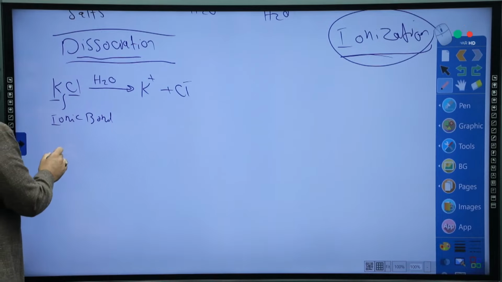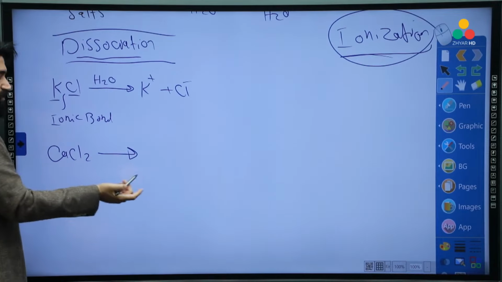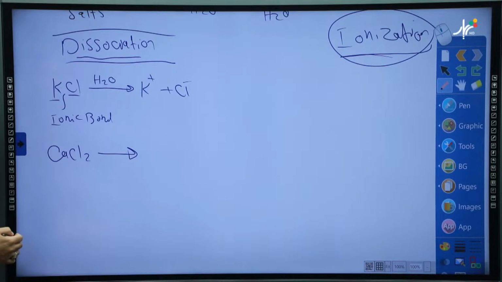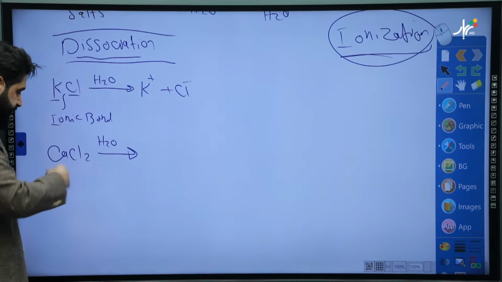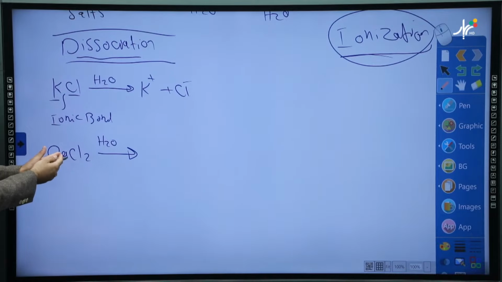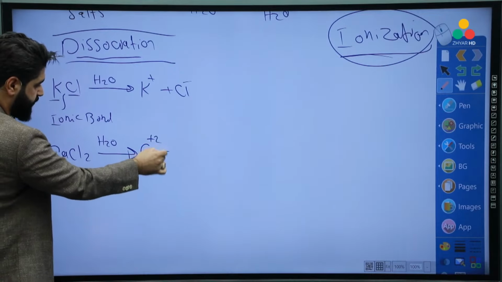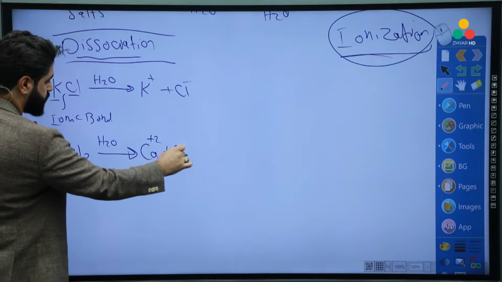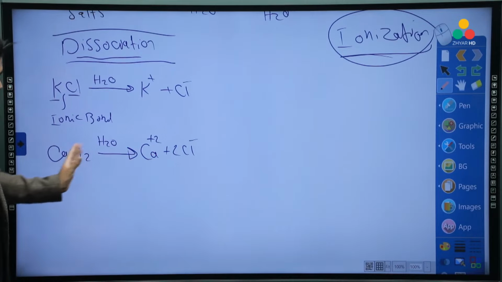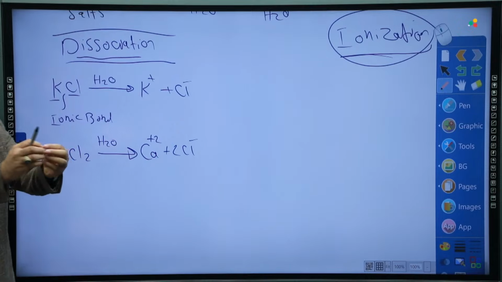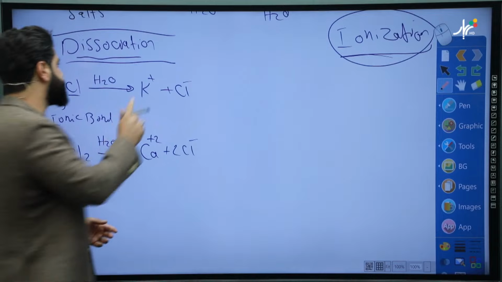Another example, look, CaCl2. If we put CaCl2, okay, where's the position of water? Above the arrow, H2O. Okay, the ions that are already present become apart from each other, giving calcium and two chloride anions. This is dissociation.